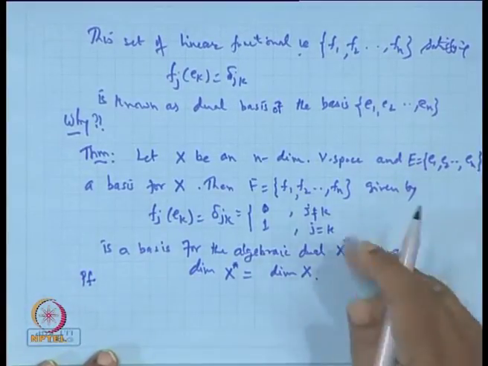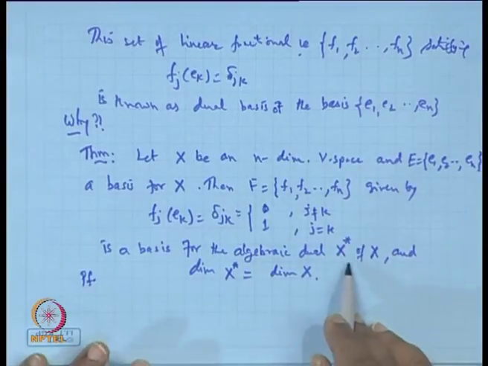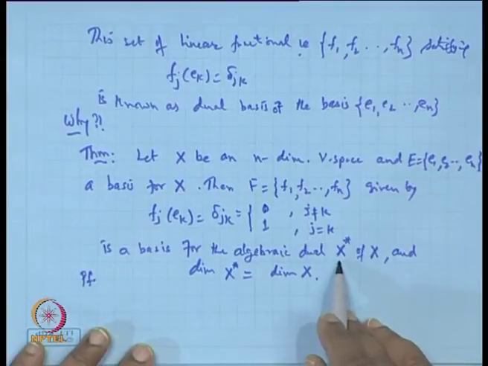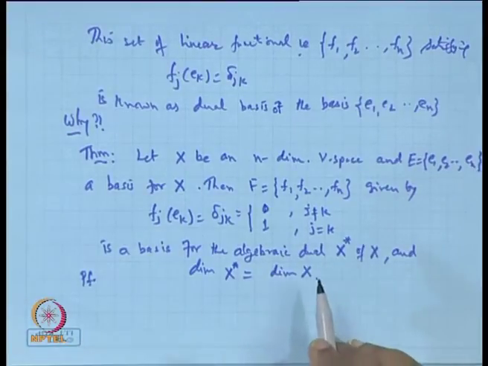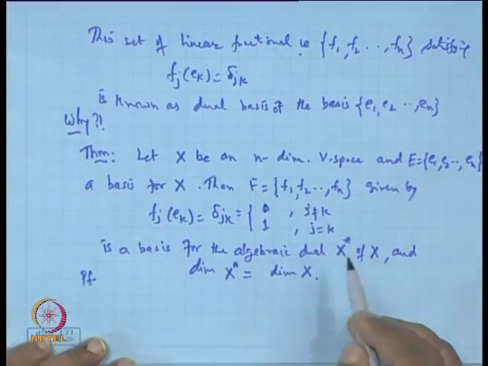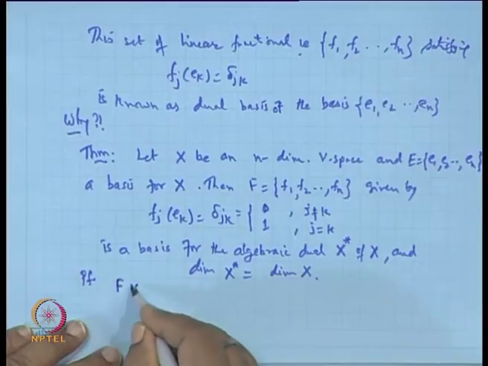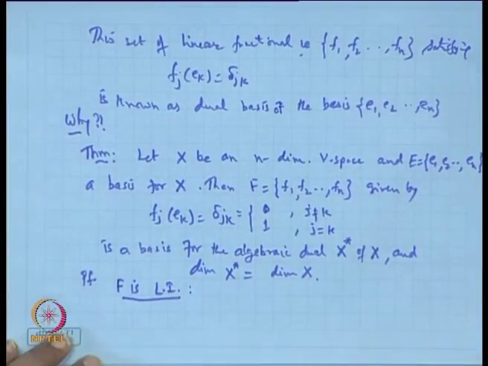So, we want to show that this class F is a basis for the dual x star. It means x star is the set of linear functionals, so this set must be linearly independent and it should span x star. So, first, F is linearly independent. This we want to show.